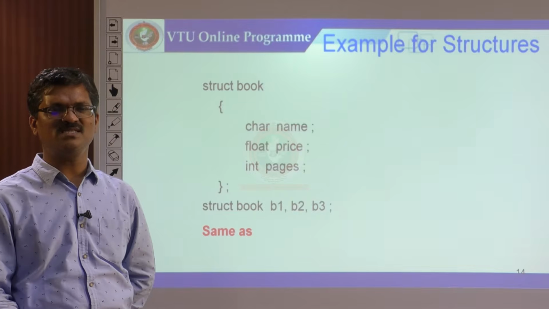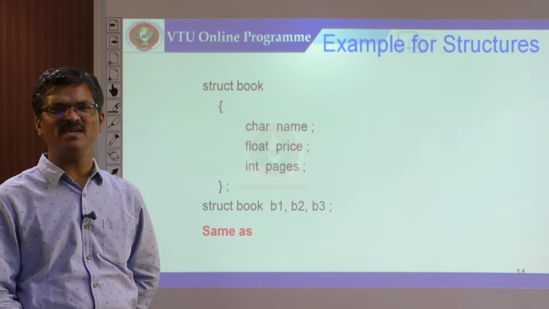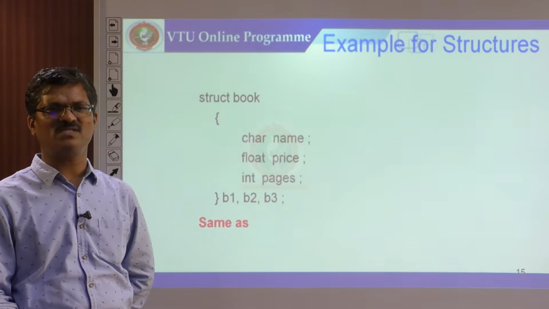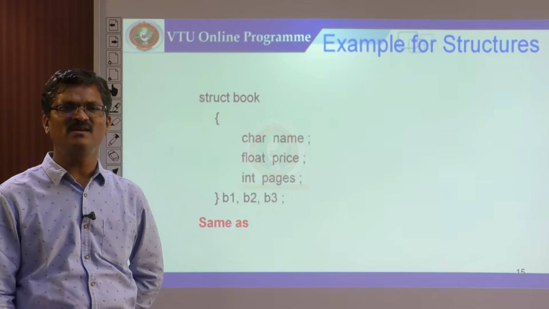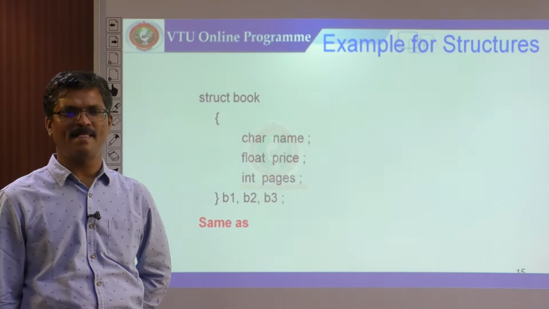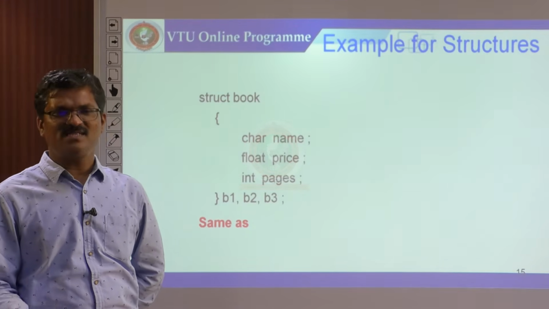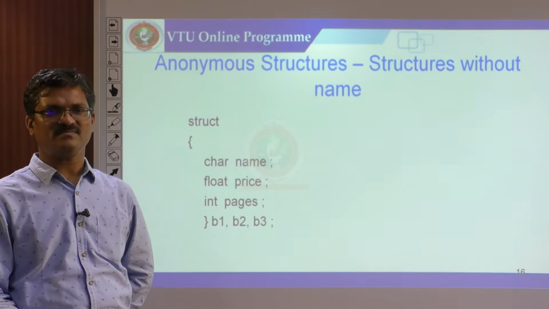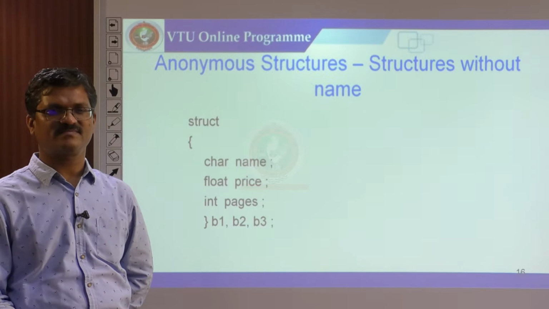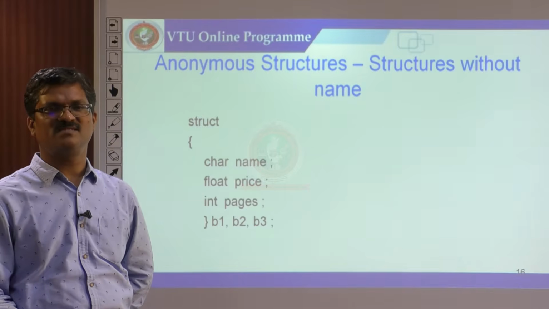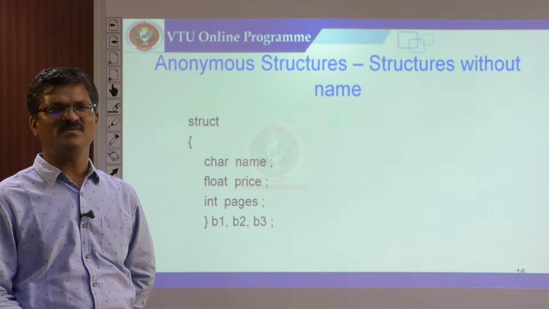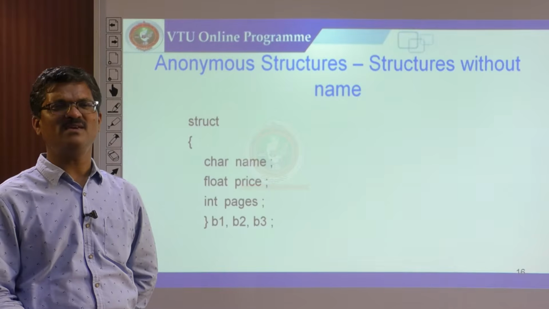Compared to writing struct book B1, B2, B3 separately, the compact form lets me write the names of the structure variables B1, B2, B3 in the definition itself. Another representation is the same declaration, but we do not have any tag.